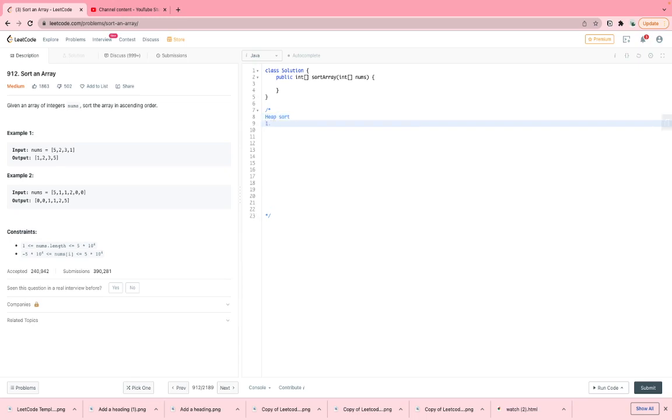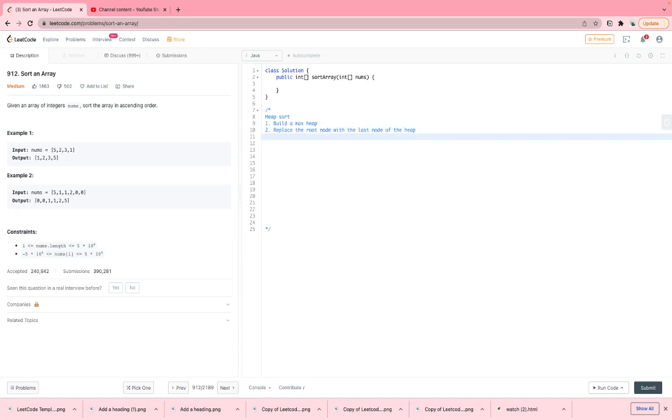Step one: first we are going to build a max heap from the input data. Then we replace the root node with the last node of the heap. This is the procedure.